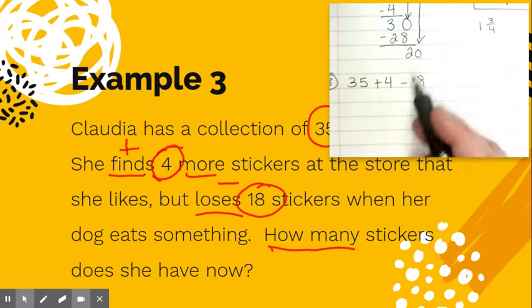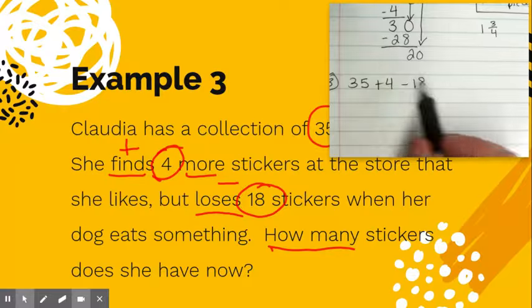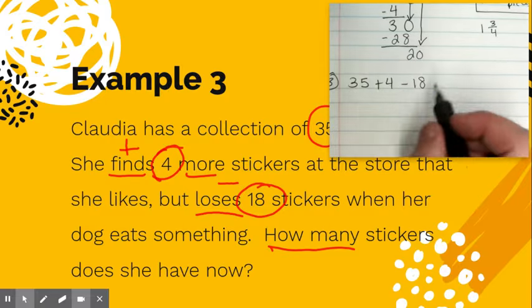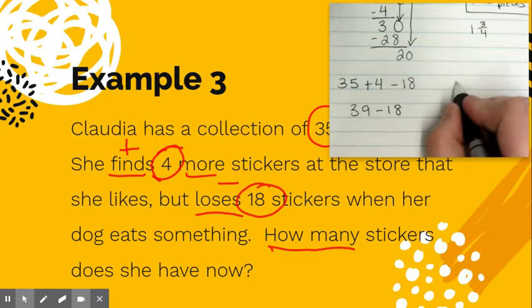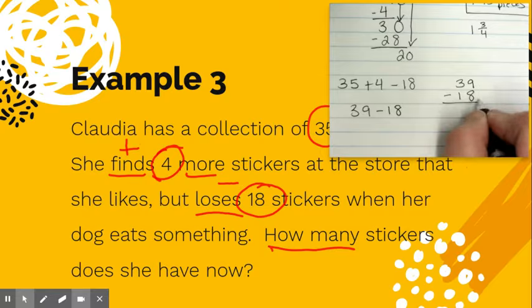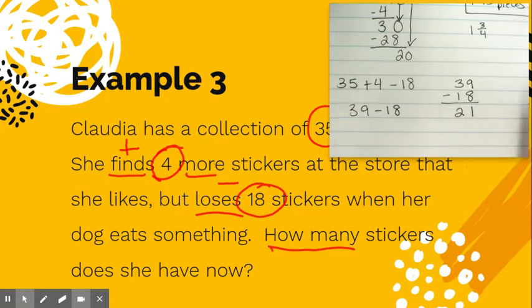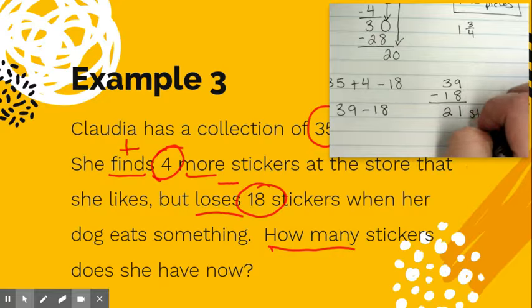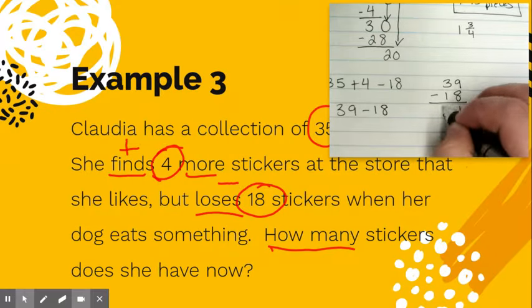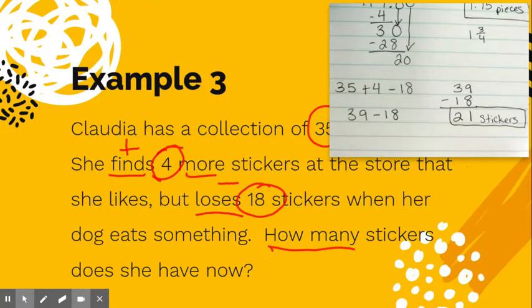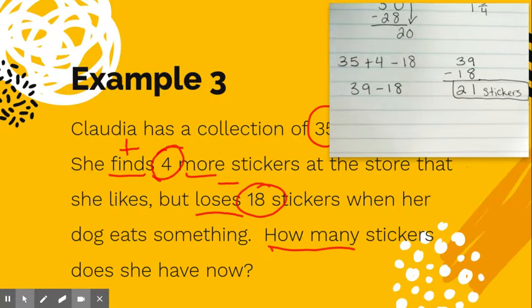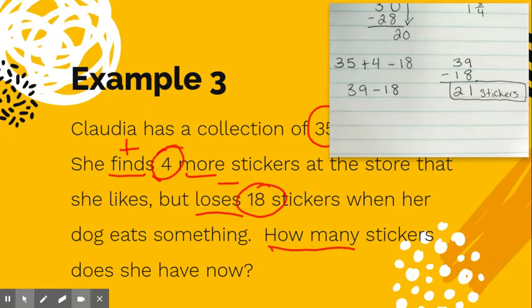So we're going to do 35 plus 4 minus 18. 35 plus 4 is 39, minus 18. 9 minus 8 is 1. 3 minus 1 is 2. So her total is 21 stickers. She has 21 stickers now. Does that make sense? Are we good? It's pretty simple.